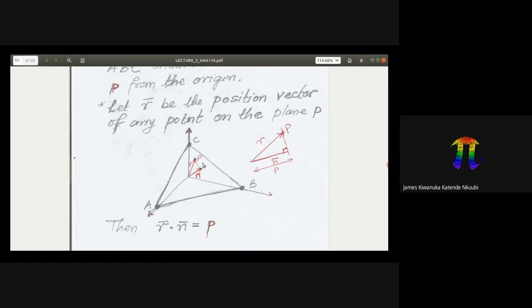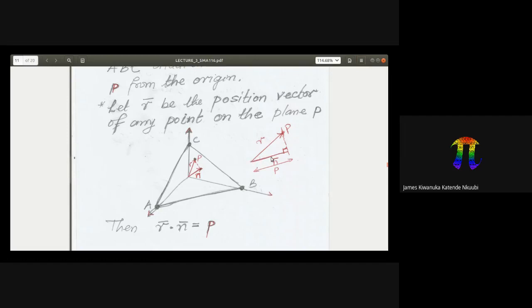So it's important to understand the diagram before we proceed. This n actually should be just part of this vector. The distance here is p. So the whole of this cannot be n because n is just a unit vector, its length is 1. So n will just be a vector maybe from here to some point there.